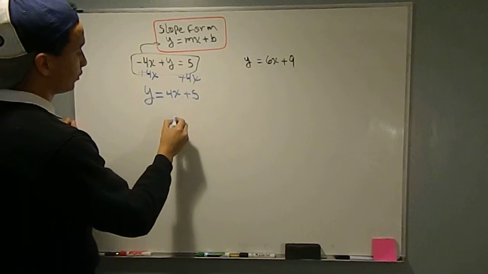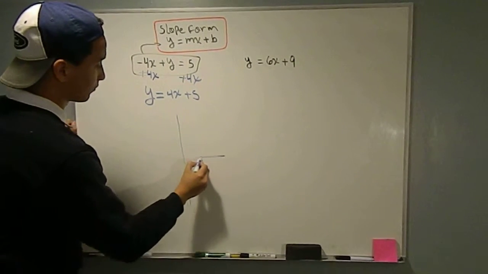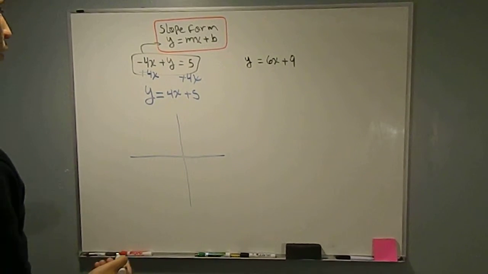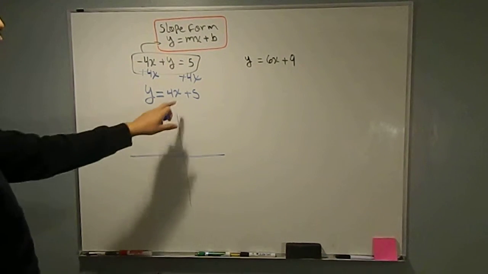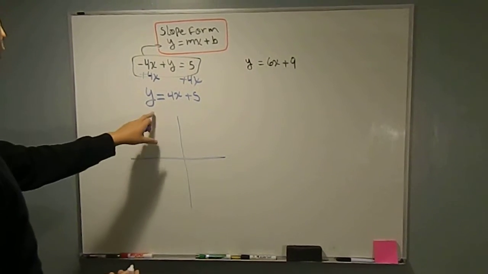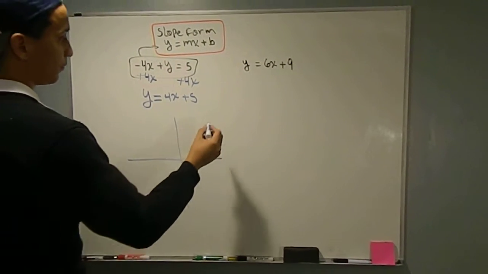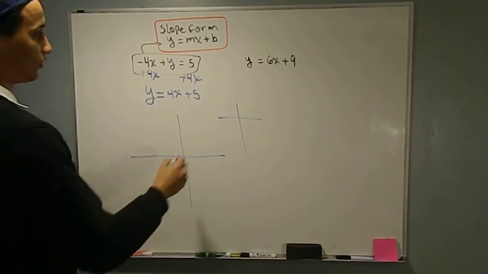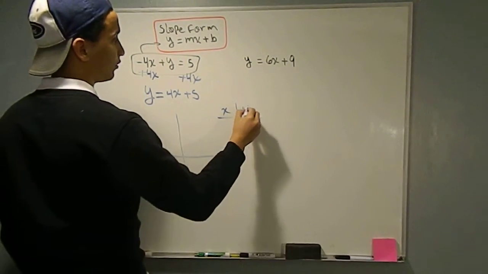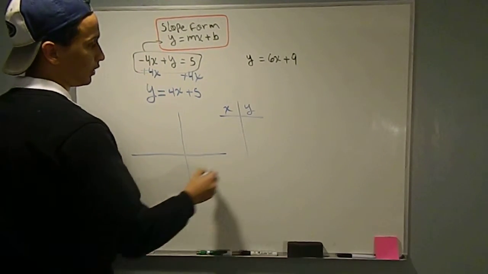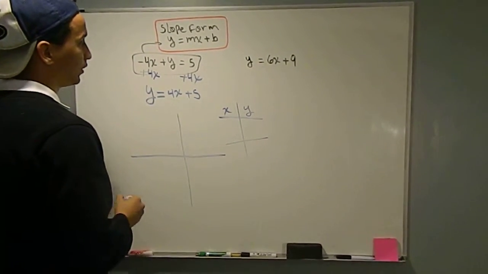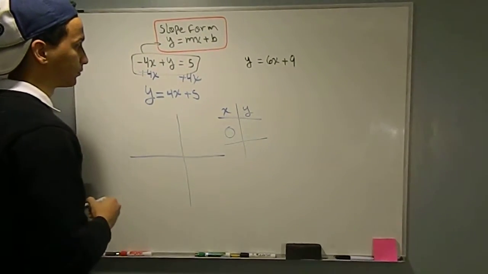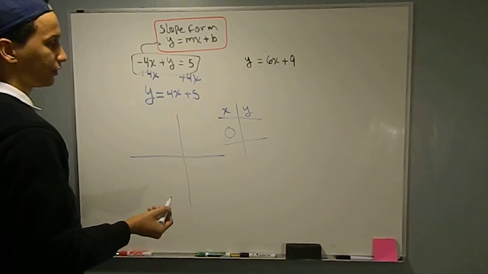I'm going to pick a couple of numbers for x to find y, so I'm going to make a little table with x and y. I just want 2 points. So when x is equal to 0, what is y?